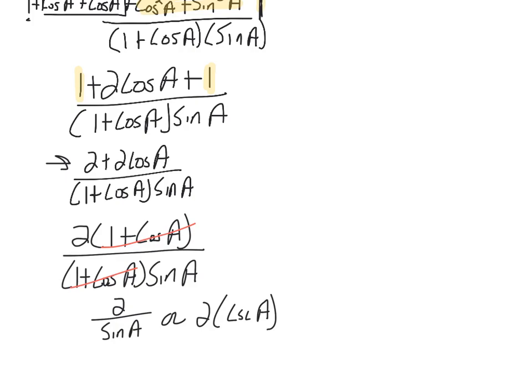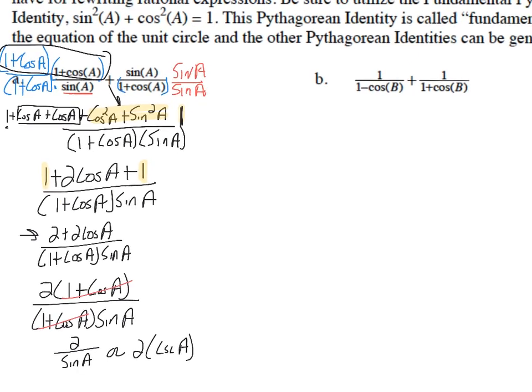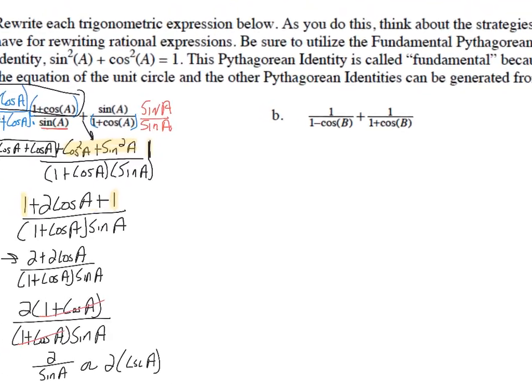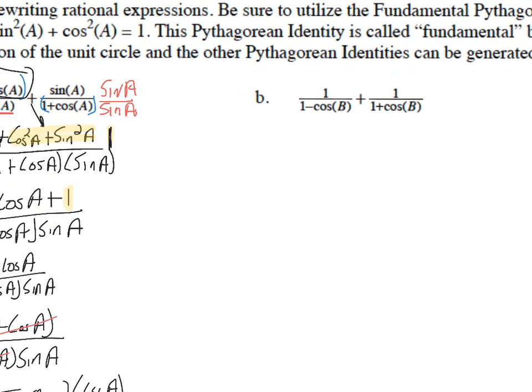Now let's take a look at trying the next one. Next one, we're going to add our fractions together. But in order to do that, we have to get a common denominator. So I'm going to multiply the right side by a giant 1 that has 1 minus the cosine of b in it.